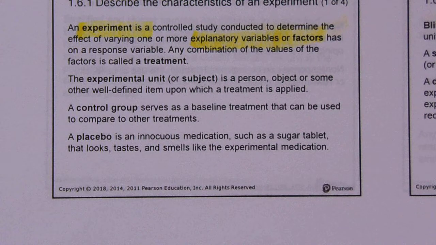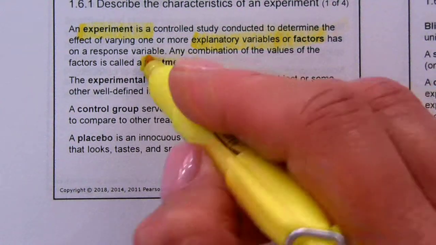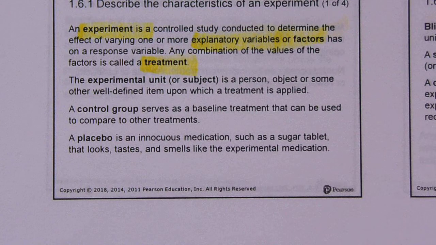Okay, we use those interchangeably, explanatory variables and factors. Okay, and then any combination of those factors that we put into a designed experiment is called a treatment. Okay, so we talked about the exercise or no exercise. The treatment would be that they exercise an hour a day or whatever.